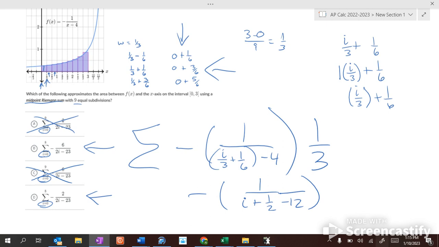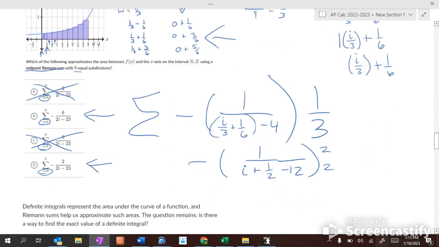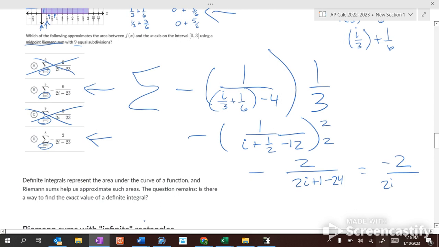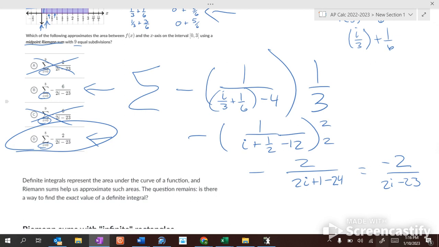And then if I get rid of my denominator, because I have a complex fraction here, if I multiply both the top and the bottom by 2, I get negative 2 over 2i plus 1 minus 24, which is negative 2 over 2i minus 23. There we go. It's D, which is the right answer.